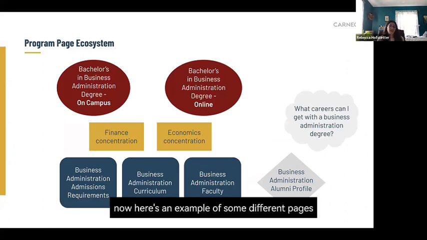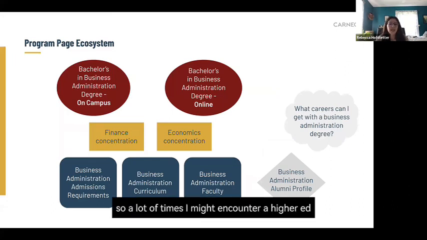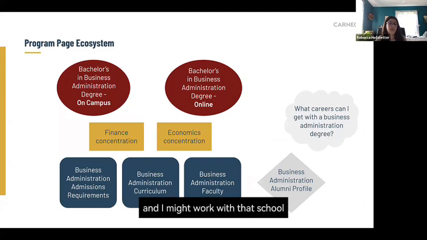Now, here's an example of some different pages that might be included in what I'm coining a program page ecosystem. So a lot of times I might encounter a higher ed website that just has one program page for a bachelor's in business administration degree. And I might work with that school to really help them build out different types of supporting content for that program.